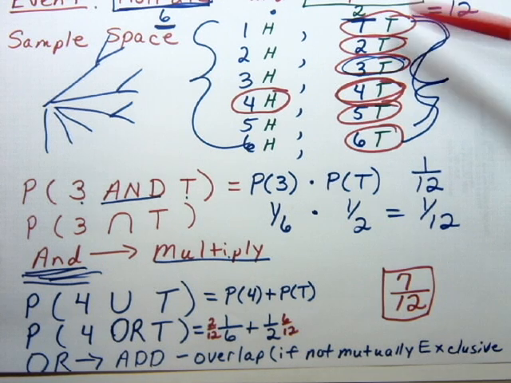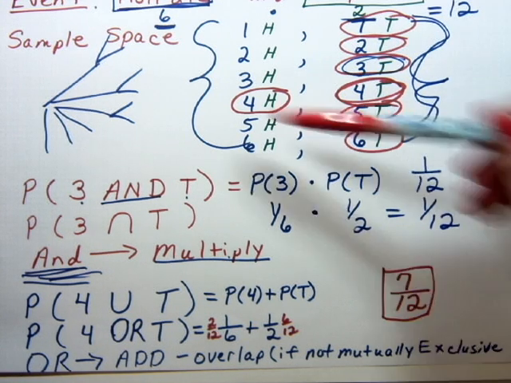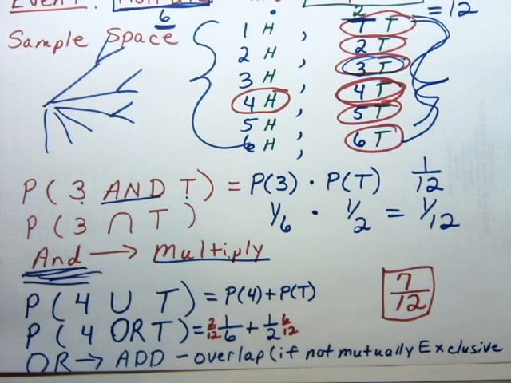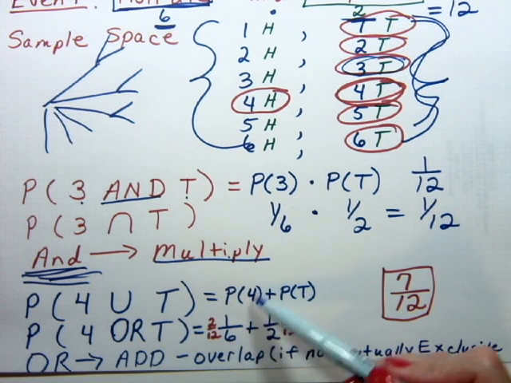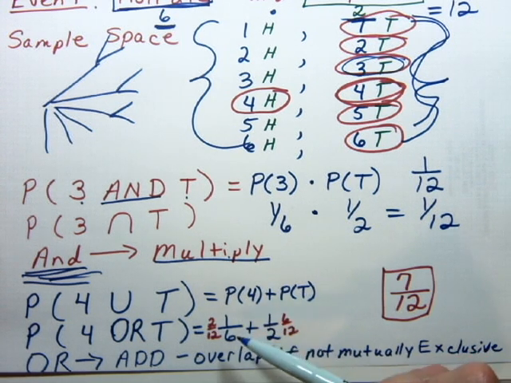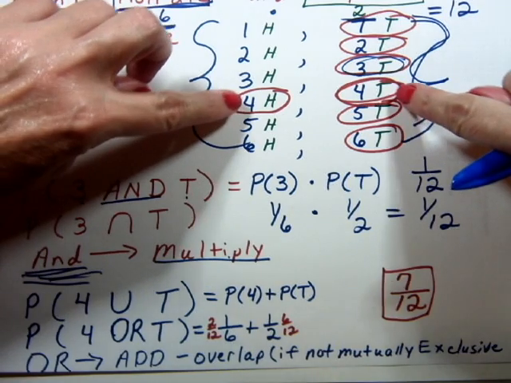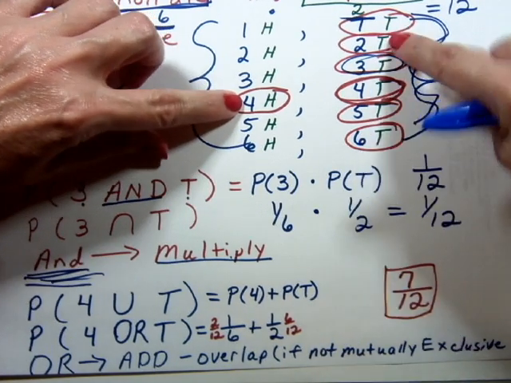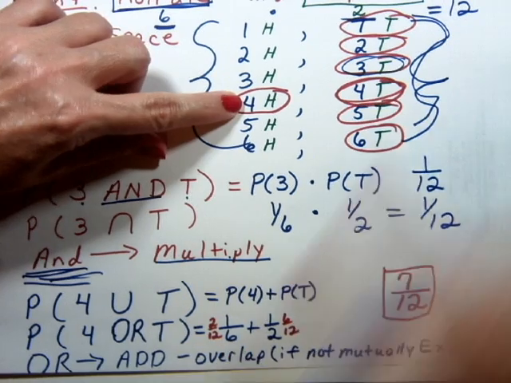But I'm looking up here and I see it is 7/12. Well, when you're doing or, you always have to look for an overlap. Because what happened is, when I found the probability of getting a 4, I found that it was 2 out of 12 times, which is 1/6. There they are.